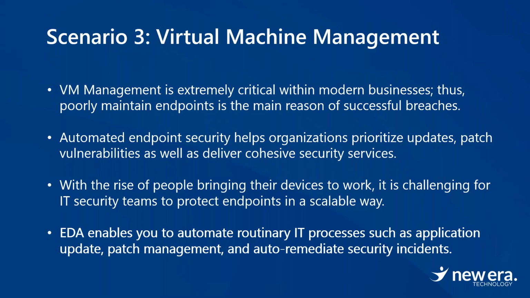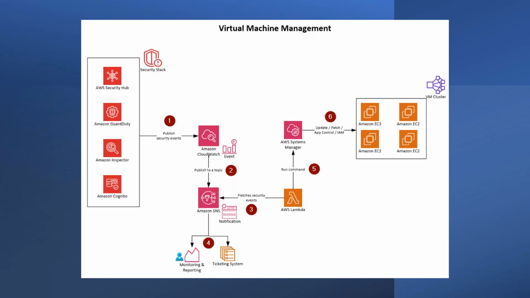Event-driven architecture basically enables you to automate routine IT processes, such as application updates, patch management, and auto-remediation of security incidents. Everybody needs this. In this scenario again, AWS offers different security services.